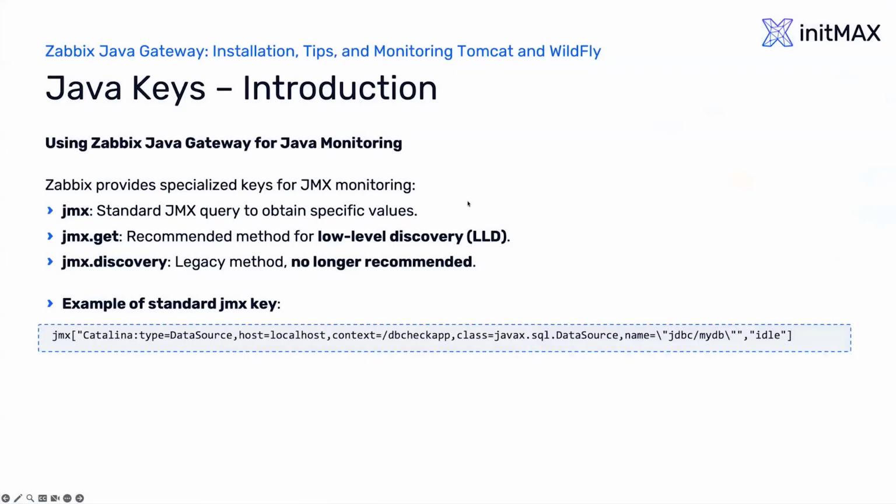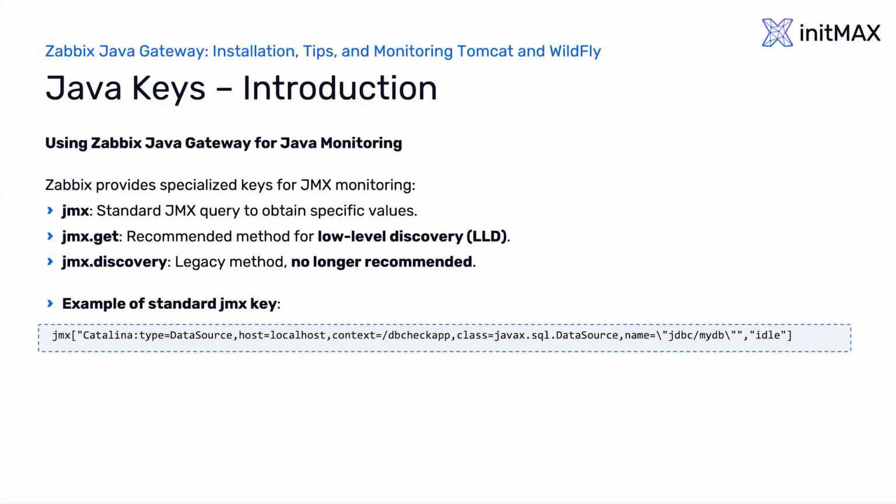Java keys and endpoints. Whenever we're using a Zabbix Java Gateway for monitoring, we will need to either use some generic templates, which in some cases are completely enough, but in some cases we need to build new templates and add custom item keys to monitor some specific data.